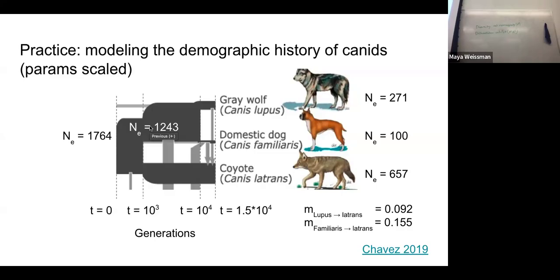There's a ton of different ways you can do this. I think by the end of the simulation, any of these could be called p1, p2, p3. What does it actually matter, as long as you know which one is your coyotes, which one is your gray wolves, which one is your domesticated dogs.